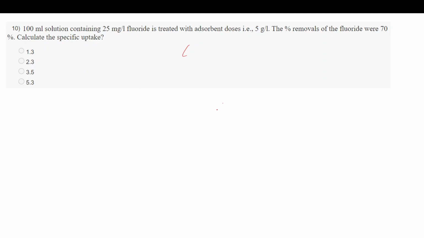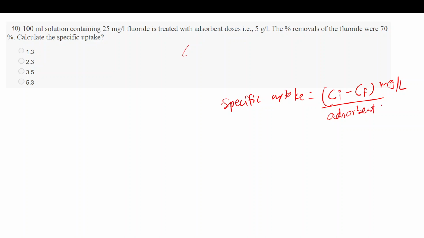The formula for specific uptake is the initial concentration minus the final concentration of the pollutant, in milligrams per liter, divided by the adsorbent dosage in gram per liter.